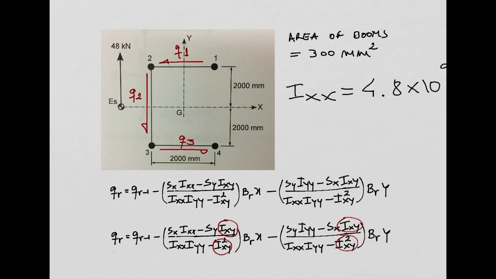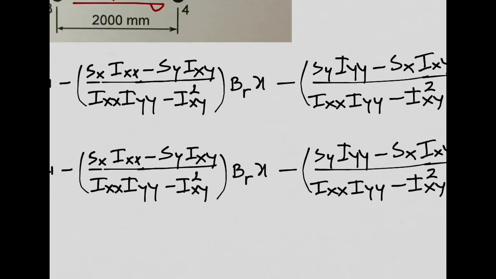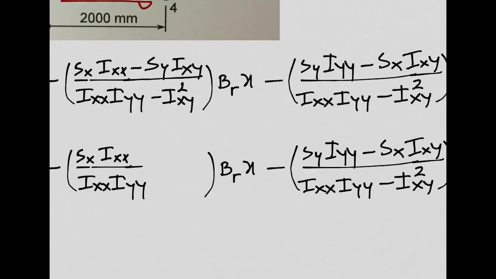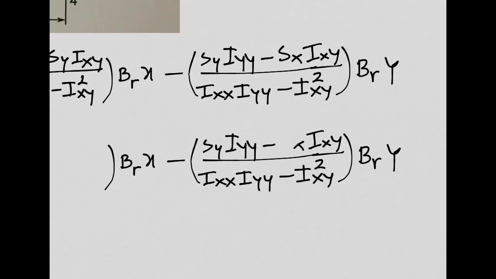So this term is all 0. So I'm going to start with this one. I'm going to delete this term as well. Product of inertia is 0. Okay? Same thing here. I'm going to delete this term, product of inertia is 0. And this term here below, product of inertia is also 0. Okay?